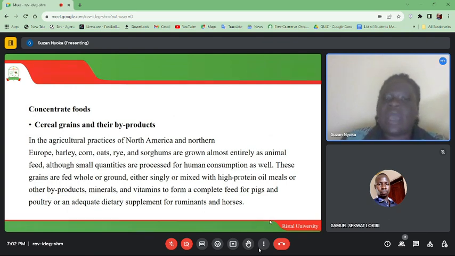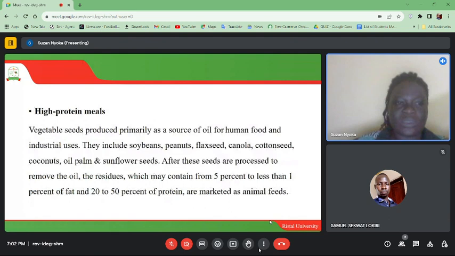The grains are fed whole or ground, either singly or mixed with high protein oil meals or other byproducts, minerals, and vitamins to form a complete feed for pigs and poultry, or an adequate dietary supplement for ruminants and horses.